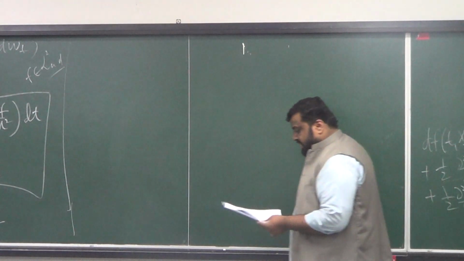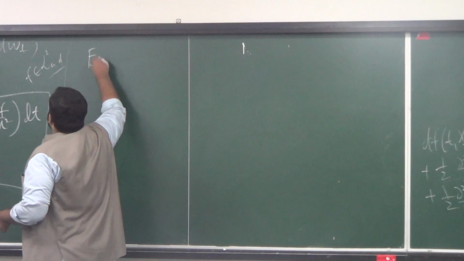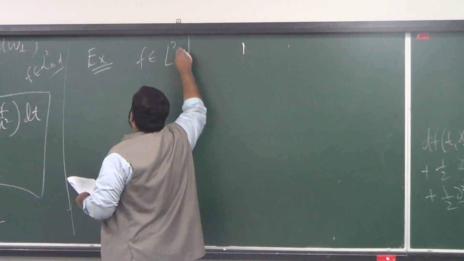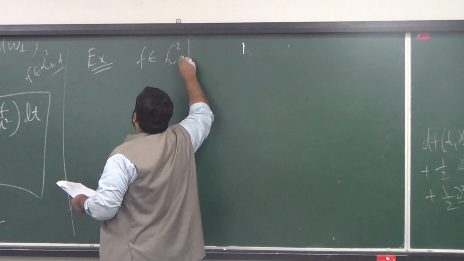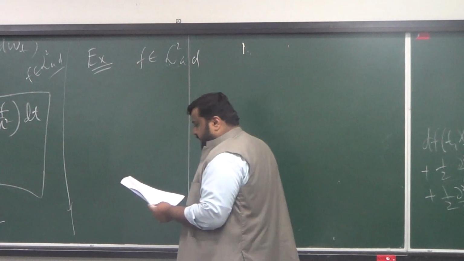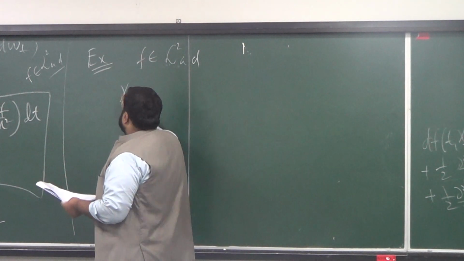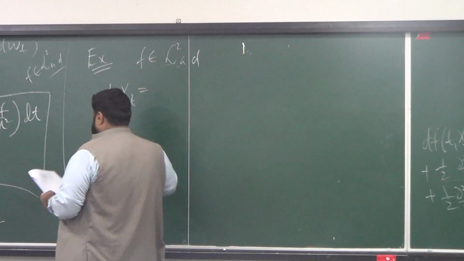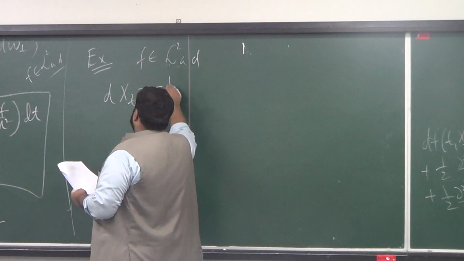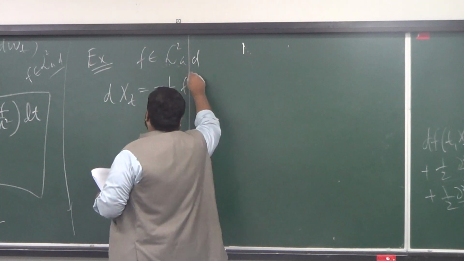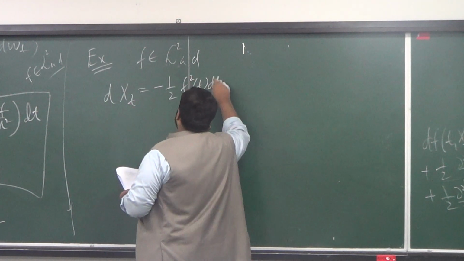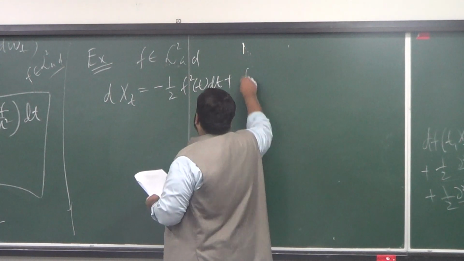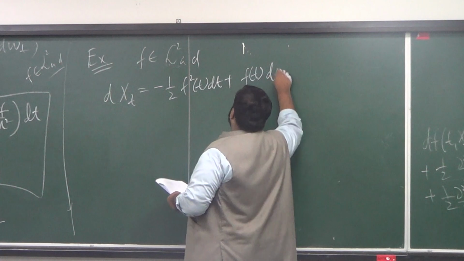Here's an example. Imagine I have an f from calligraphic L2AB, and the dynamics of xt look like this: dxt equals minus 1/2 f square of t dt plus f of t dw.